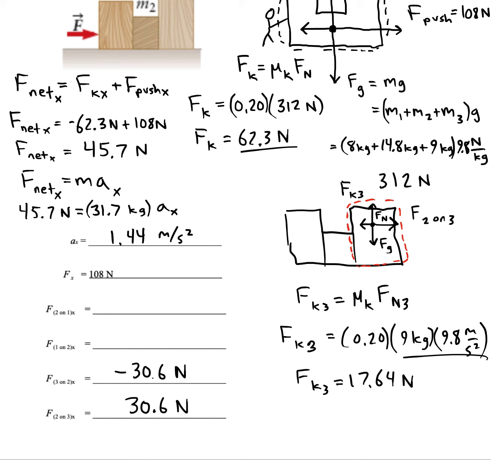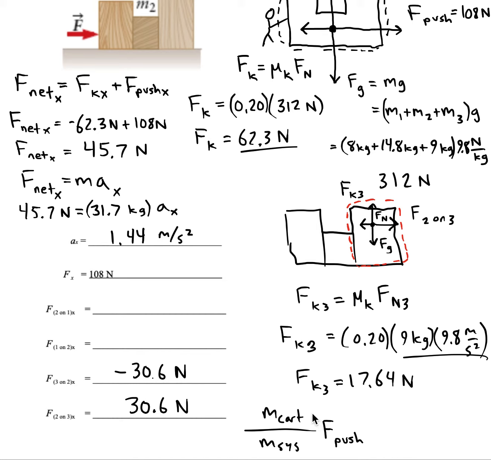All right, so what is the explanation for why it's the same? It's because the M3 still occupies 9 kilograms out of the total of 31.7. So you could still do the M cart over M system approach and then multiply by the force that's applied, which would be the push.